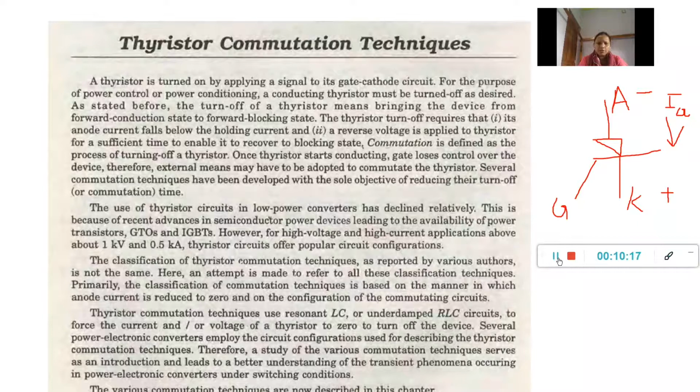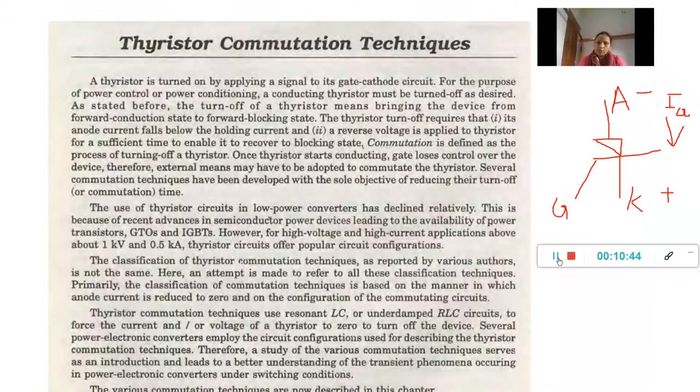So the study of various commutation techniques serves as an introduction and leads to a better understanding of the transient phenomena occurring in the power electronic converter under switching conditions. By studying these commutation techniques, we can analyze the transient phenomena occurring during the switching conditions of these power electronics converters.